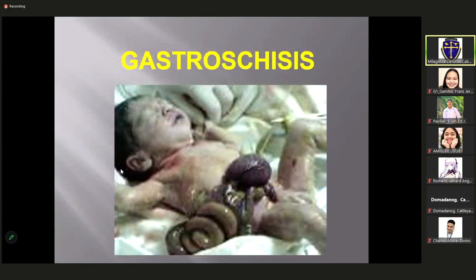So this is also an example of your gastroschisis. All the gastrointestinal structures of the baby came out. So early surgery is required here. So much so that we can feed the baby. But unfortunately, we have some feeding problems, no?